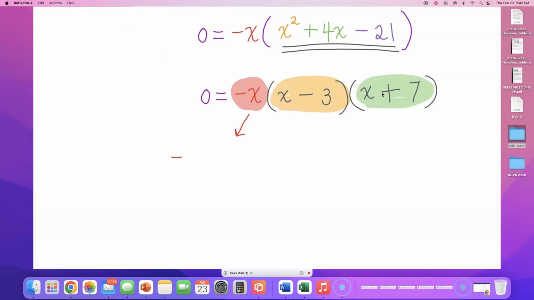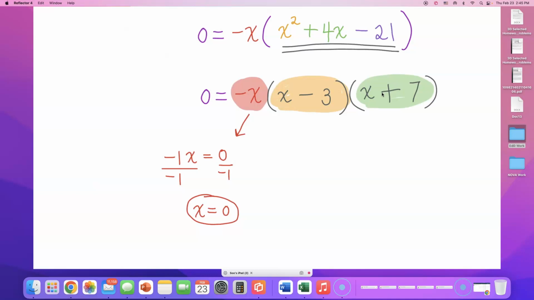So when is negative x equal to 0? If it just says negative x, that's negative 1, right? So you can divide both sides by negative 1, and 0 divided by negative 1 is just 0. So the first zero is x equals 0.